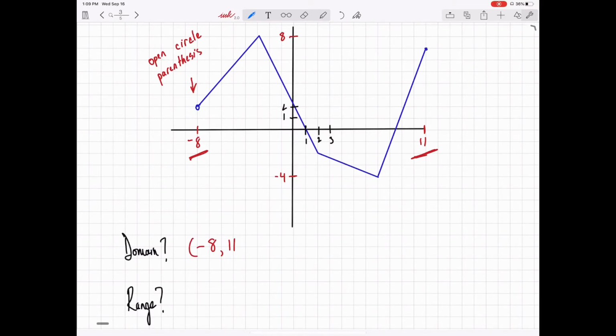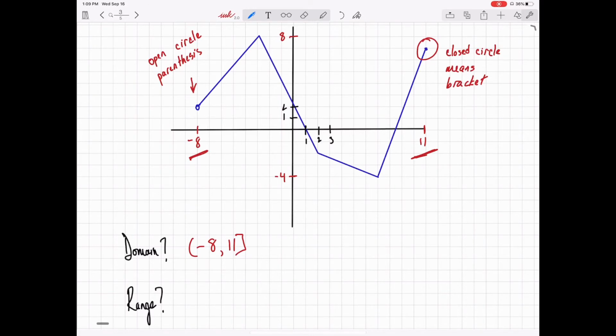Open circle means not included. And for the 11, we have this closed, or filled, dot, which means a bracket. So 11 is included in that domain.